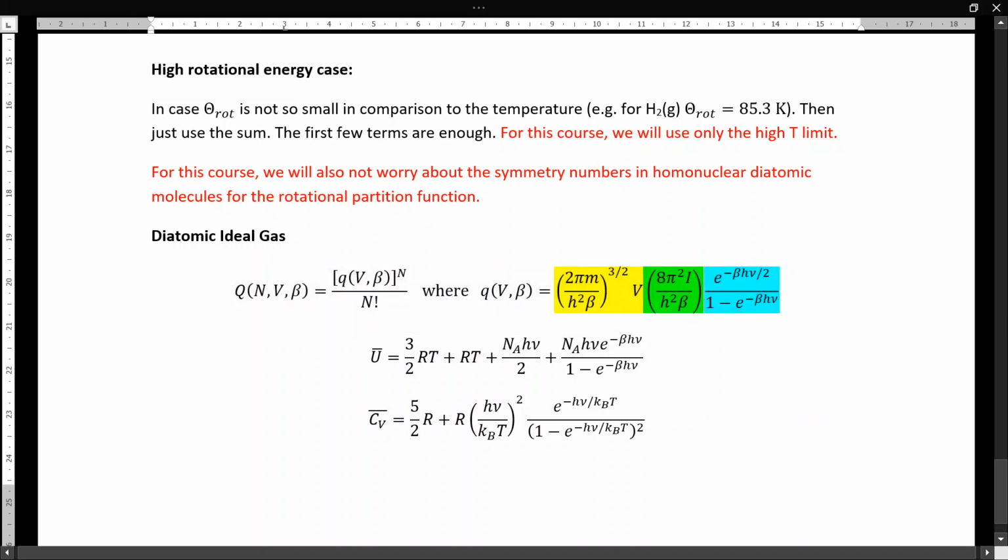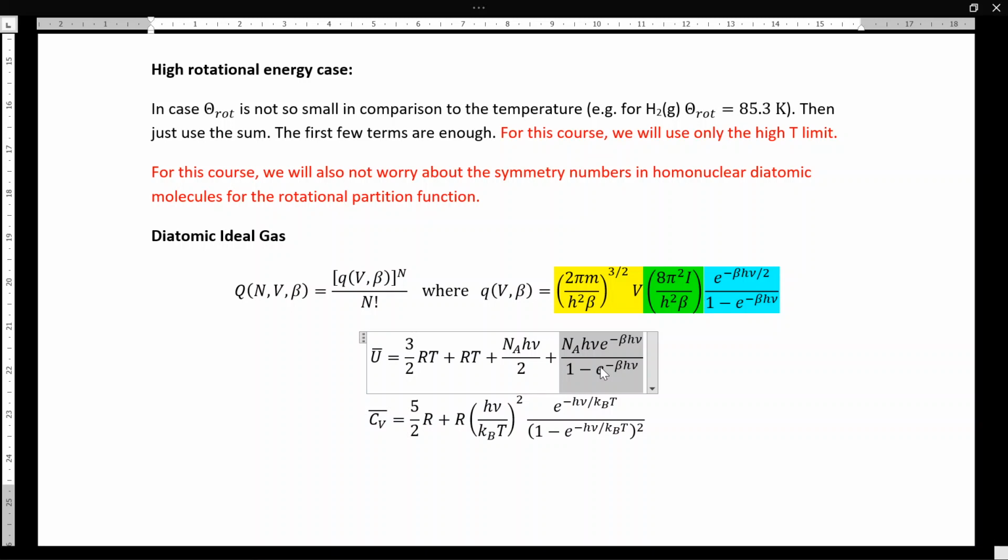I had asked you to use it, and by using it you calculated the average energy, which was 3/2 RT for the translational part, RT for the rotational part, hν/2 for the ground state vibrational energy, and a term for the energy that comes at higher temperature from the population of the vibrational states.